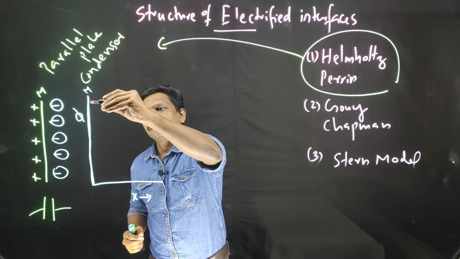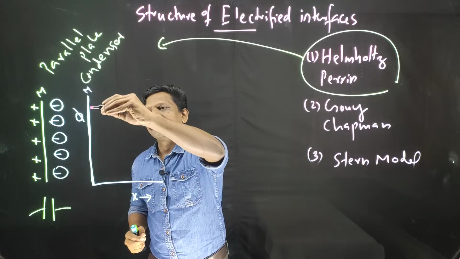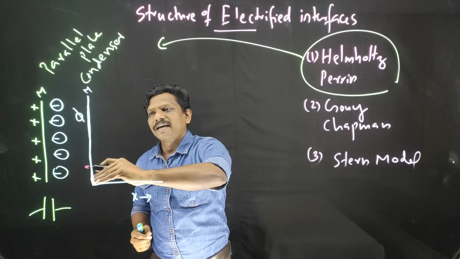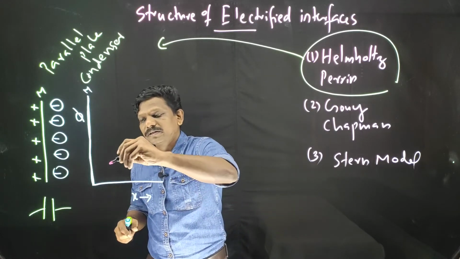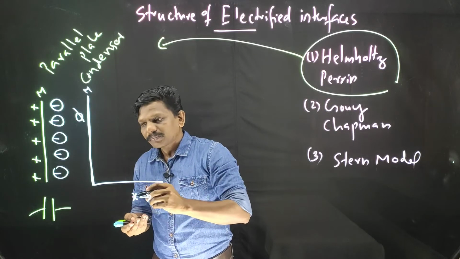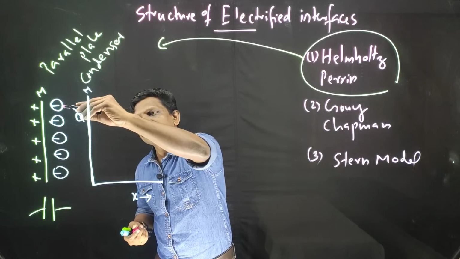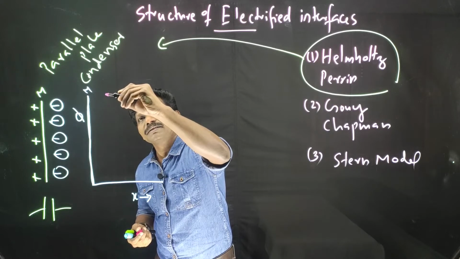This is the metal layer, that is the y axis. How the potential drop happens in this model is what I am explaining. I already told you that the negative charge is here.